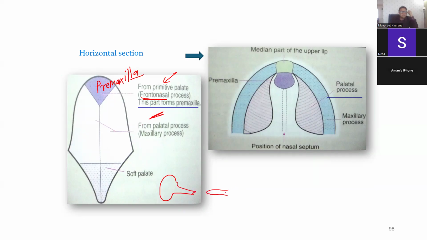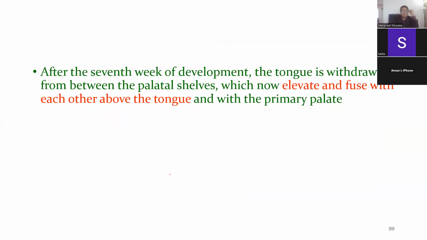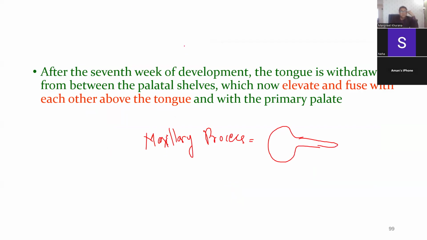These two fuse to form this area, which is known as the hard palate. And where there is no fusion, this is called the soft palate. So palatal processes are derived from the maxillary process. They are the extensions of the maxillary process.